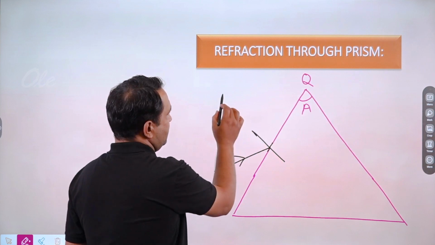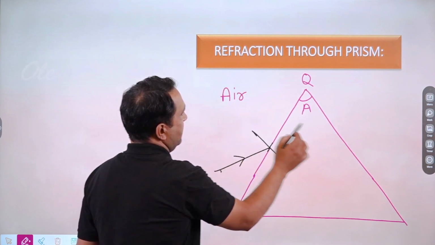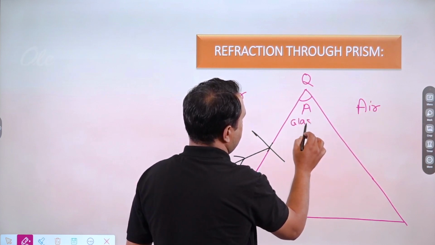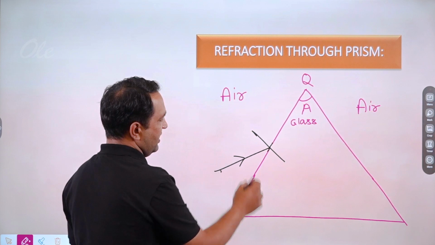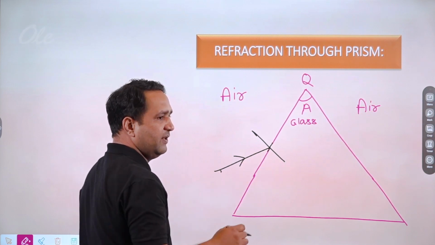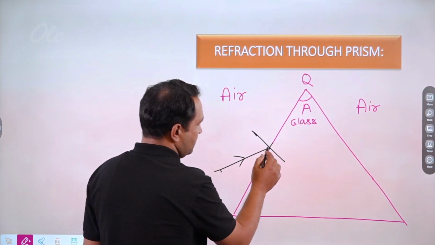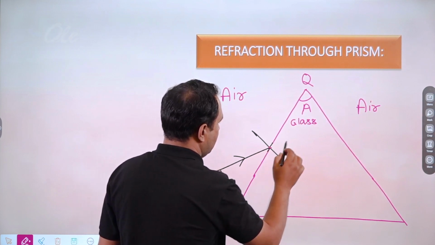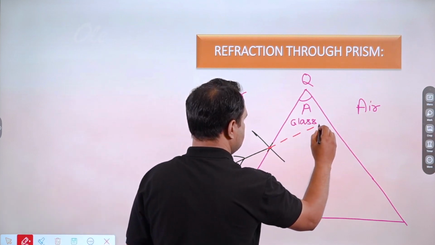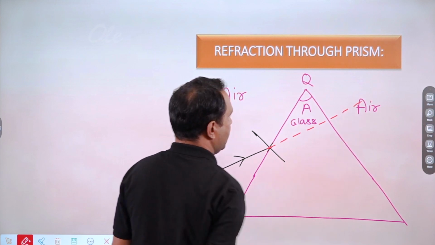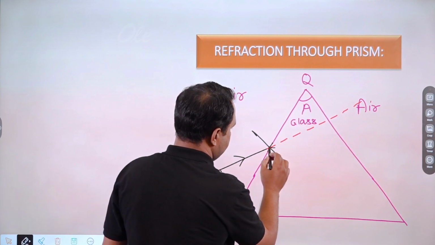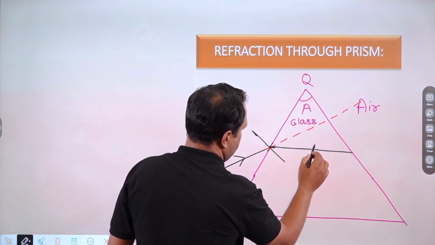Now, as you know, here we have air, here too there is air, and this is glass, right? So when the light ray enters from air to glass, what will happen? It will move towards the normal. So it will bend towards the normal. Though it should go like this, it will move towards the normal and will go like this, right?